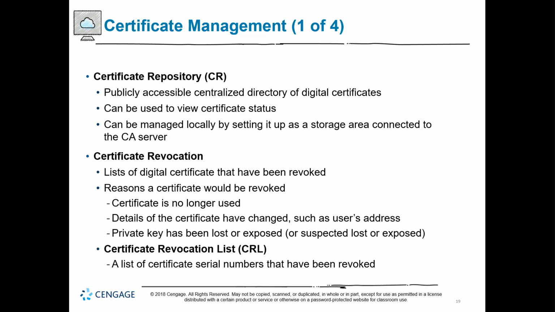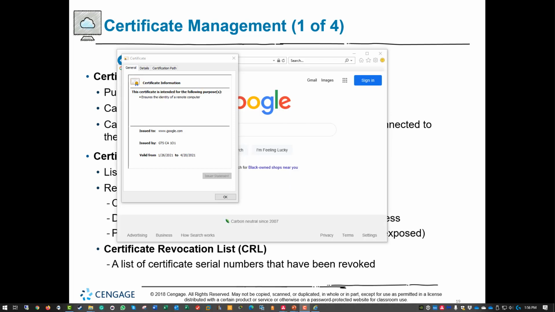Lastly, the private key has been lost or exposed or suspected of those areas. That will create a certificate revocation list, CRL. And this is a list of the certificate serial numbers that have been revoked. Each certificate actually has a serial number.